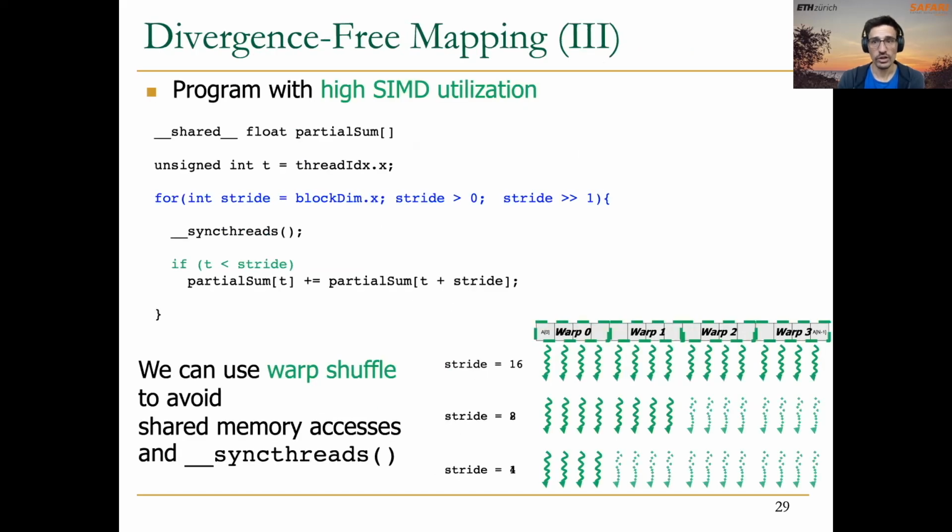So by using shuffle instructions or shuffle functions, we can have a more efficient execution of these final iterations where different threads are active, but these threads all belong to the same warp.